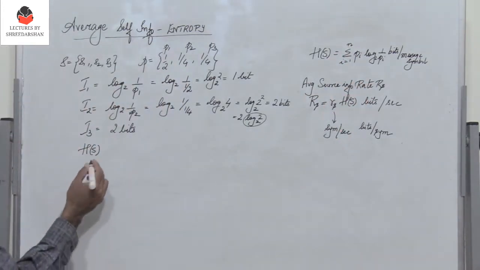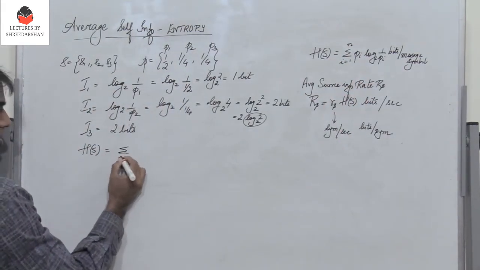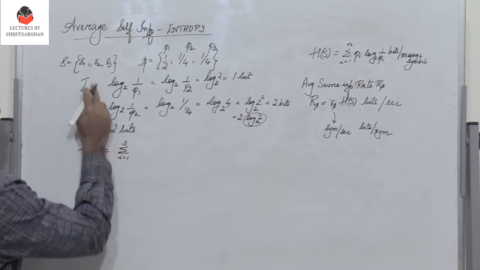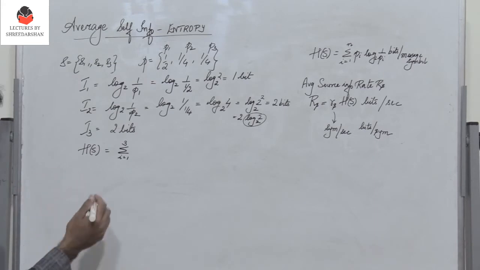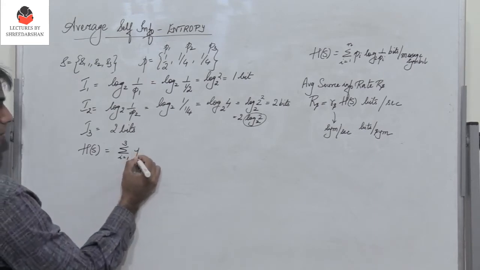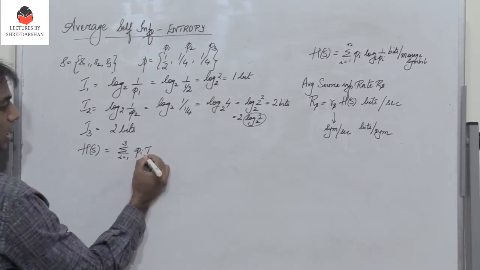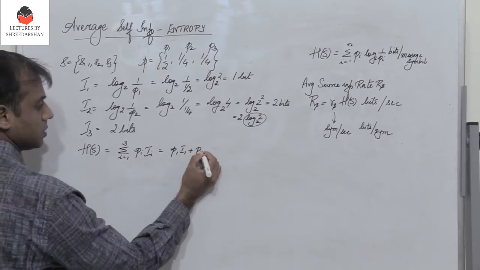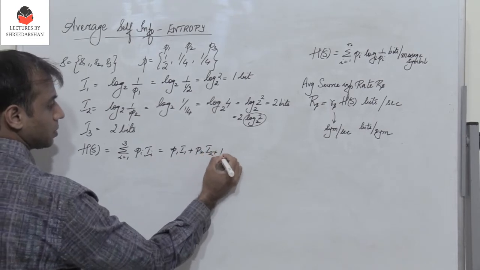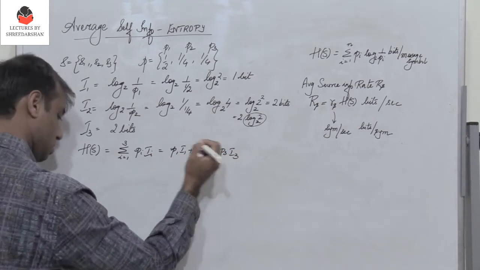So it is summation i equal to 1 to 3 because I have 3 symbols being emitted, p_i I_i, which is p1 I1 plus p2 I2 plus p3 I3.